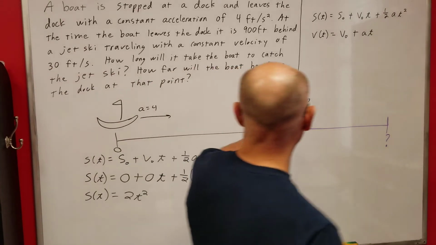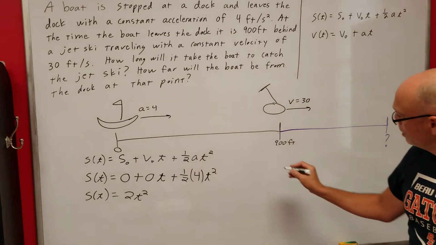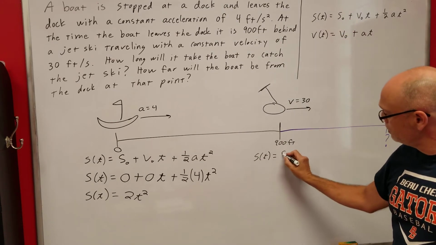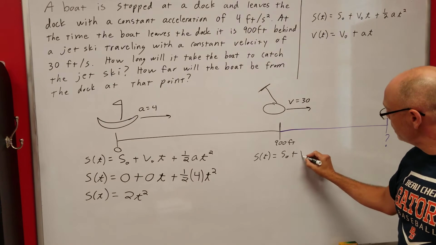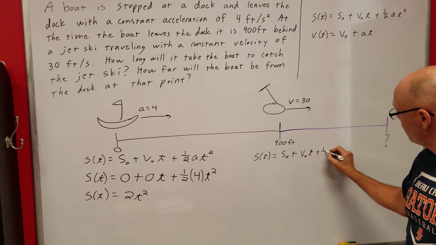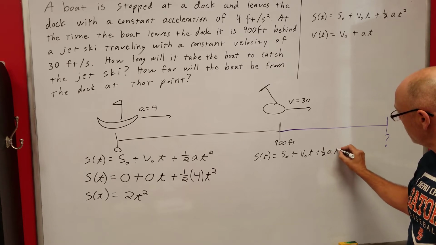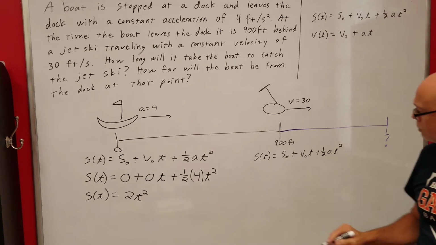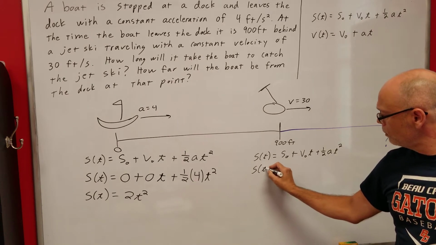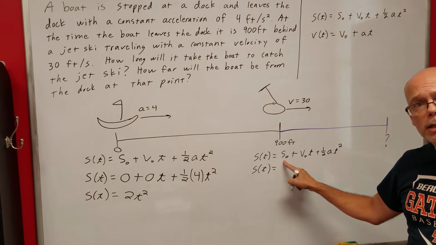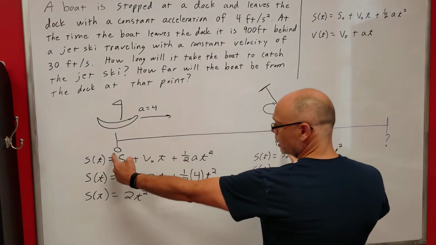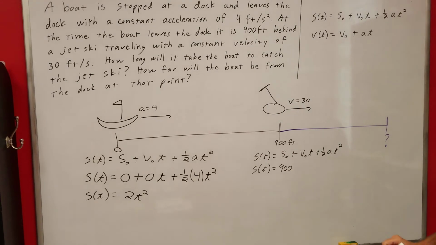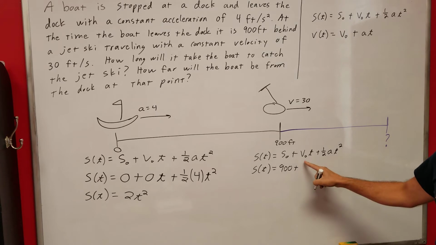Now let's look at my position function of my jet ski here. My jet ski is going to have the same kind of position function, right? It's going to be S naught plus V naught times t plus 1/2 times A t squared, according to this formula right here. All right, so S of t will be equal to, what is my initial position of my jet ski? Initially, it's 900 feet from the dock. So I'm going to put in 900 here. All right, plus V subscript of 0.